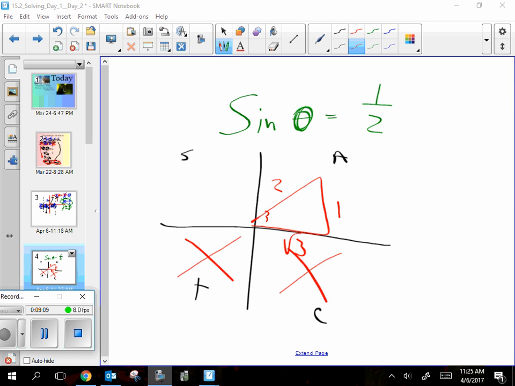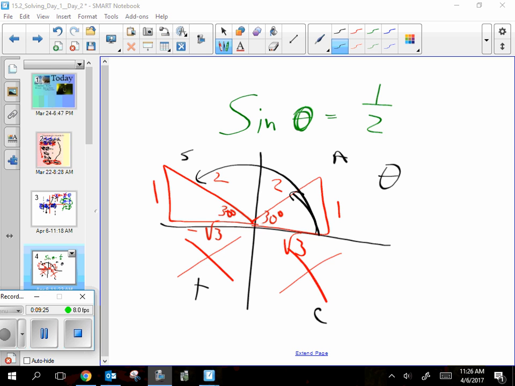That means that's a 30-degree angle. Then there's another one over here. 1, 2, root 3. This one's negative, though, this time. And then it's also a 30-degree angle, but we use pi over 6 and 5 pi over 6. So theta equals pi over 6, and theta equals 5 pi over 6.